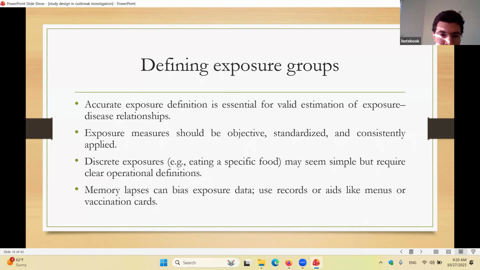Memory lapses can bias exposure data, so use records or aids like menus or vaccination cards. So we have some tricks for reducing recall bias.